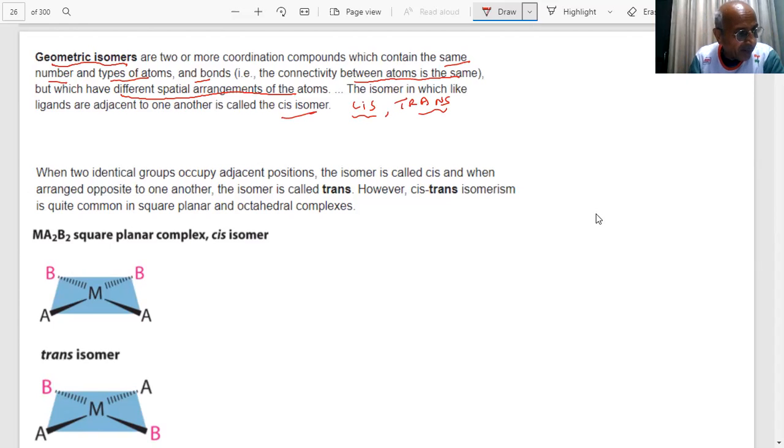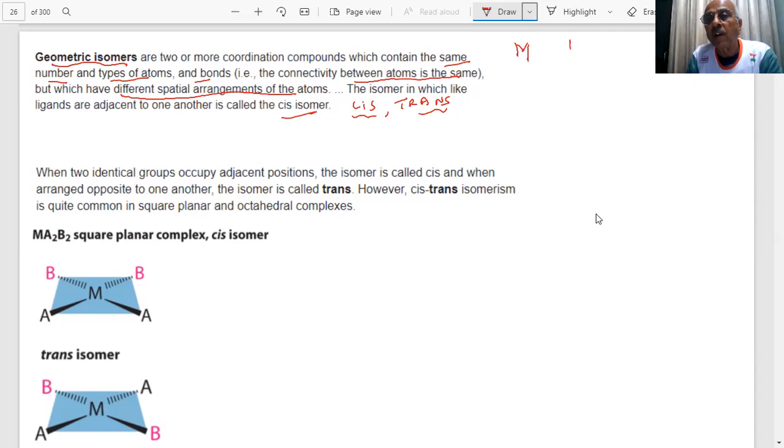Here you have a metal, and supposing the coordination number is four. I told you about the polyhedra: the coordination number is mainly 4 and 6 in these compounds.